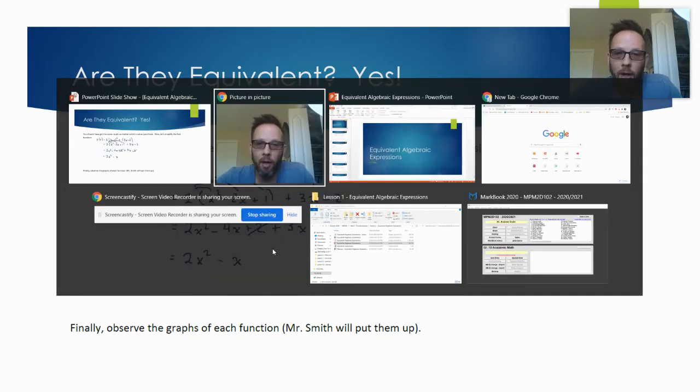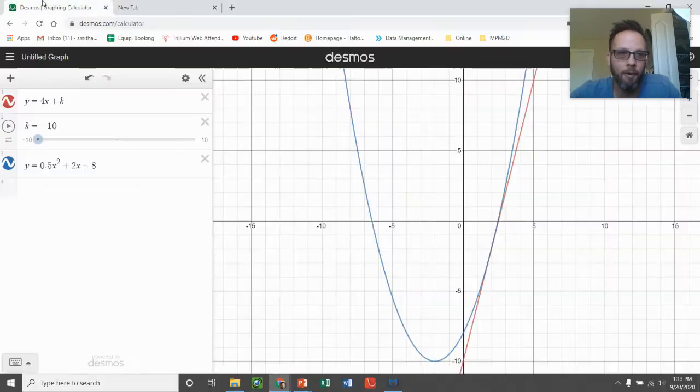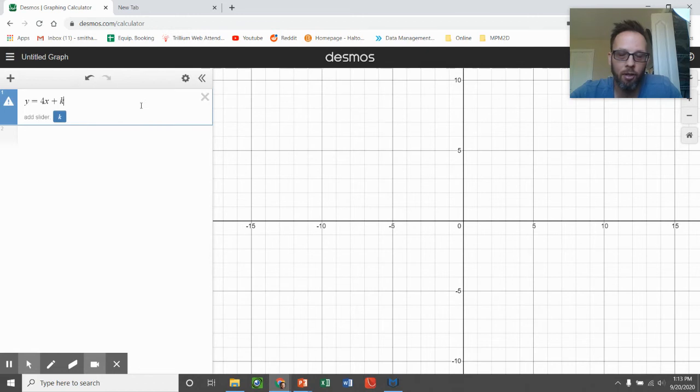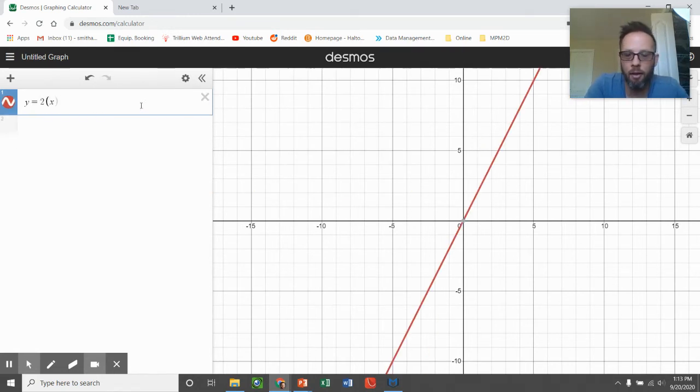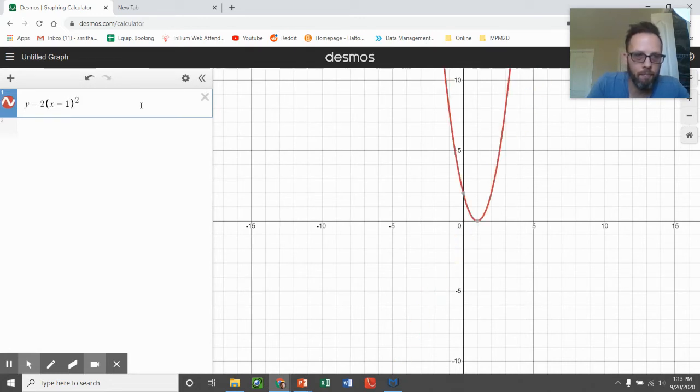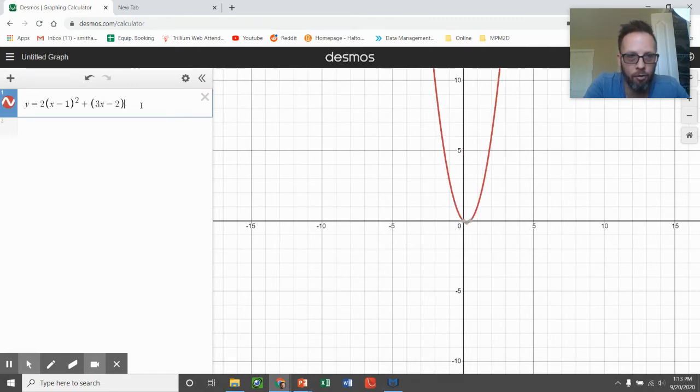Now, finally, another way we could check, and this is 99.9% foolproof. Not quite foolproof, but if you want to see if they're the same, graph them. That gives you a good idea. So we had x minus 1 squared, and then we were adding 3x minus 2.